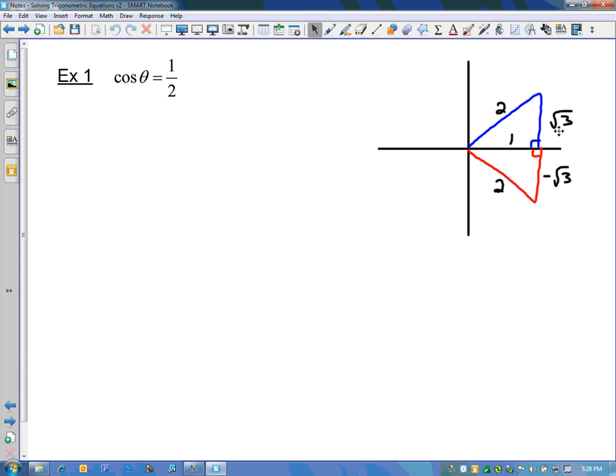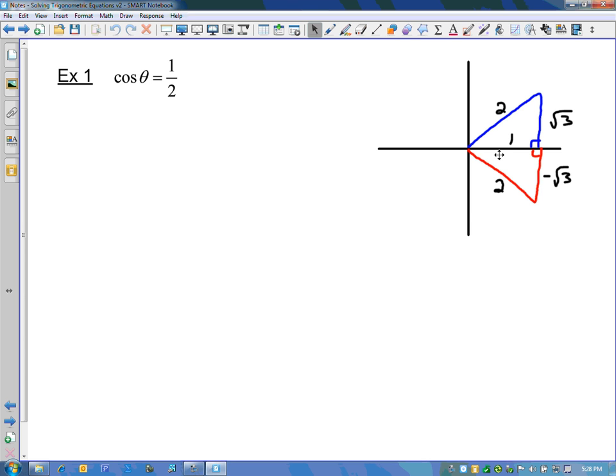So you know the other side is root 3. Or you might just do the Pythagorean theorem to find the square root of 3 and then recognize it's a 30, 60, 90. Now our reference angle, since the 30, 60, 90, our reference angle is opposite the square root of 3, that makes our reference angle the 60-degree angle, or in radians that would be pi over 3.